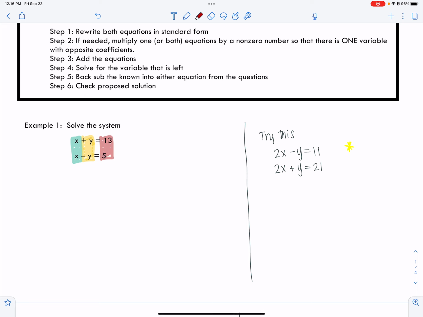So looking down that list, I've got x and x. Those don't cancel. Positive y and negative y, those are equal numbers but opposite signs. And then 13 and 5. The addition method says that you can add down the column. So 1x plus 1x is going to give me 2x.